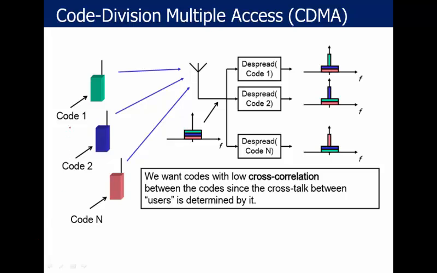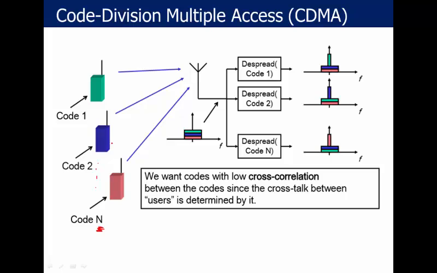Let's say code 1 from one source, code 2 from another source, code so on and so forth until code n. Okay, so data from multiple different sources can be modulated and finally restored. Okay.